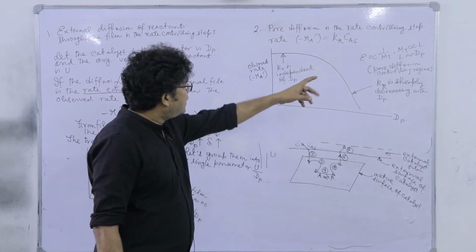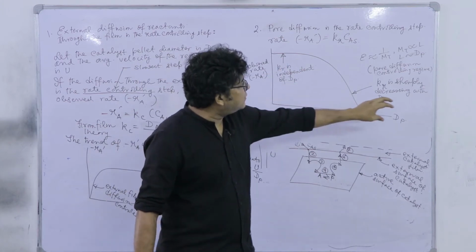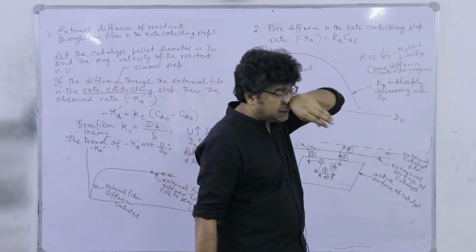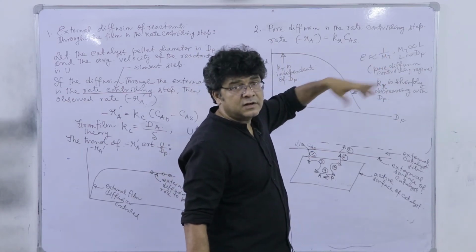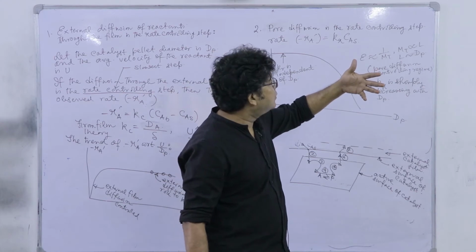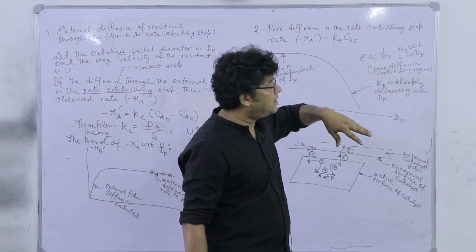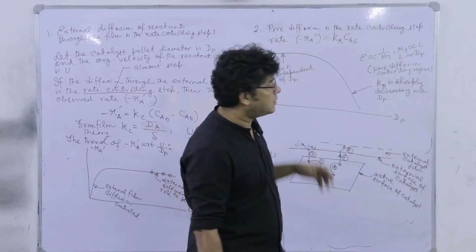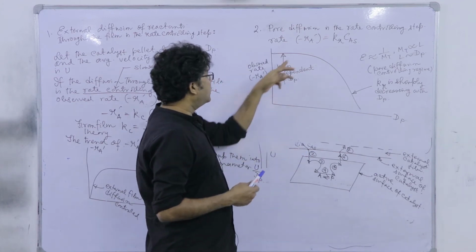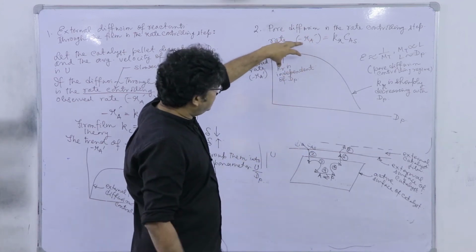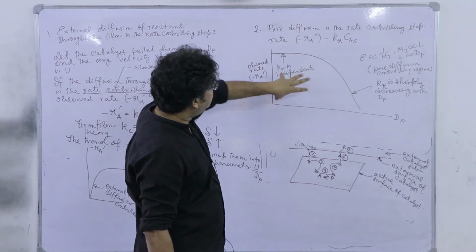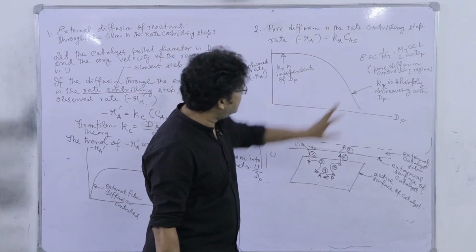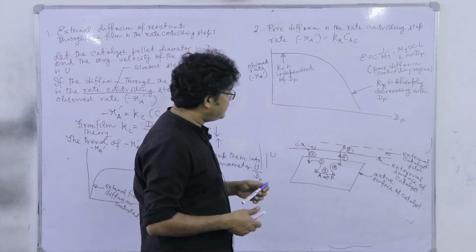So, you can see that with the increase of dP, this L increases, and as L increases, the Thiele modulus increases, and epsilon, which is the rate of the reaction with pore diffusion divided by the rate of the reaction without pore diffusion, will go on decreasing sharply with the increase of L. So, if my data point for the specific reaction we are discussing falls here, we can say it is independent of the pore diffusion, but if it is somewhere over here, we can say it is a pore diffusion controlling regime.